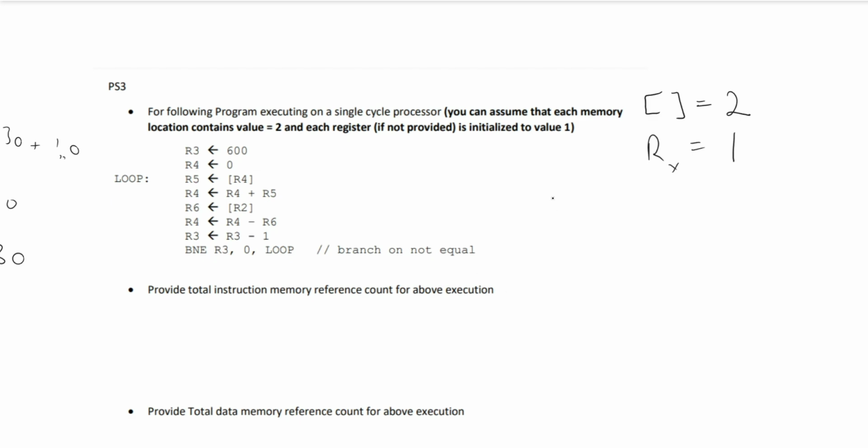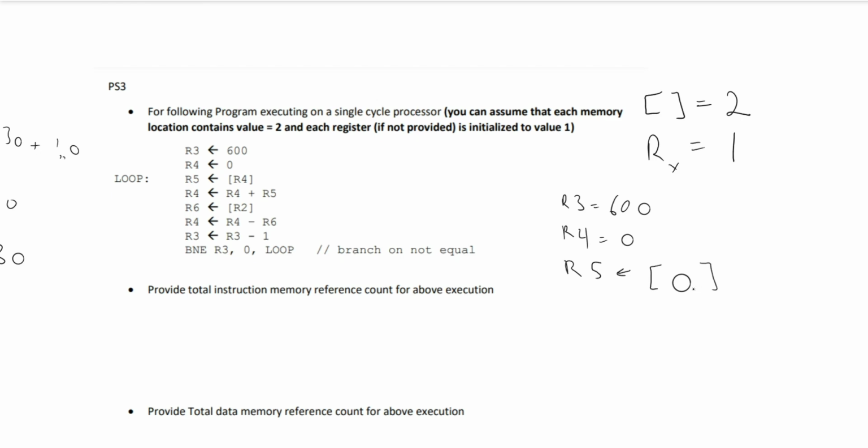So write down R3 has 600, R4 has 0. R5, we're loading whatever address R4 is equal to, but we know that R4 is 0, so it's actually replace R4 with a 0 here.